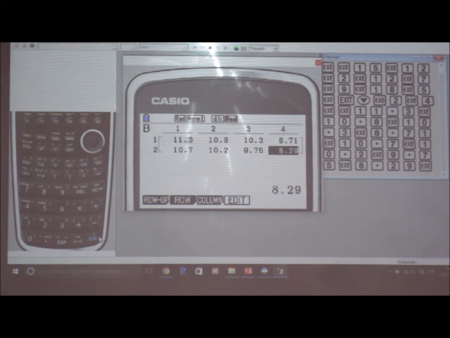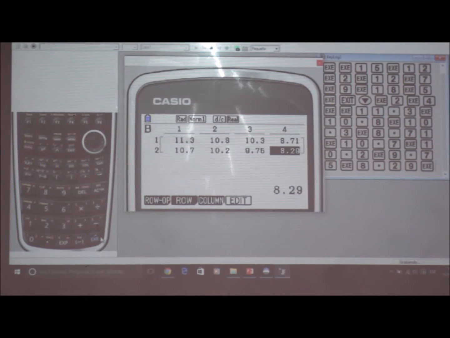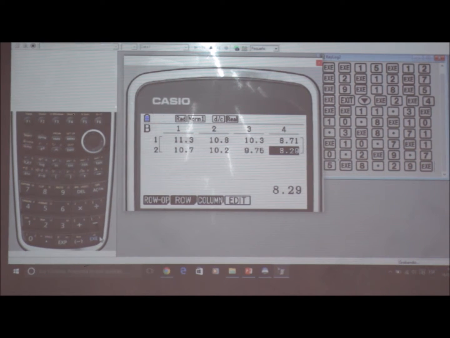Up to this point, clear or not? So, first step, I input, observe, and expect.